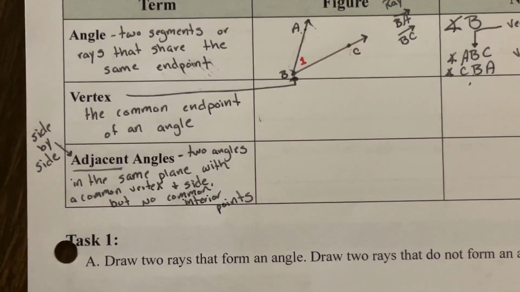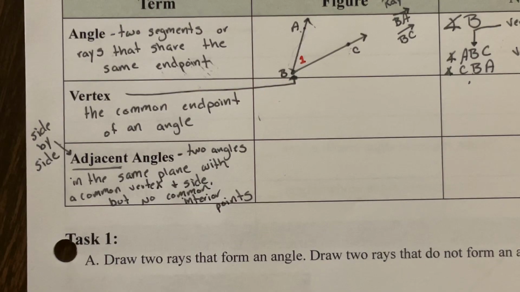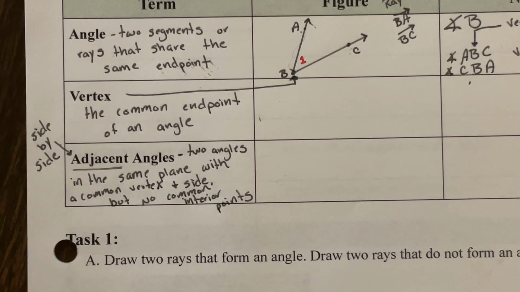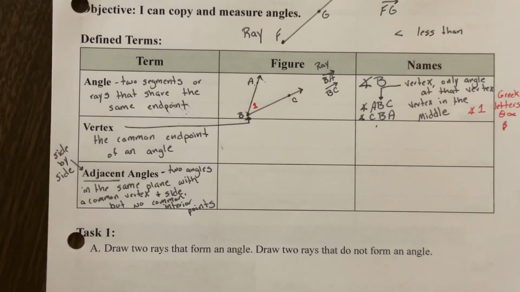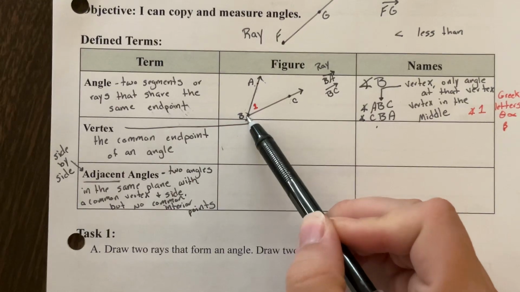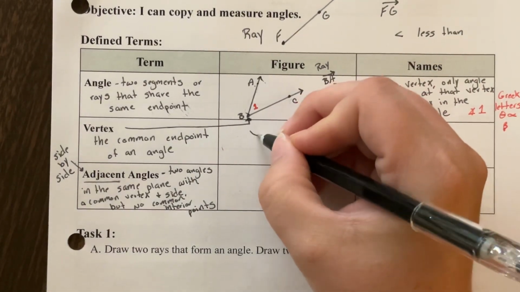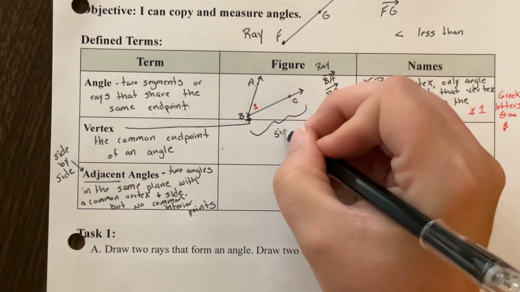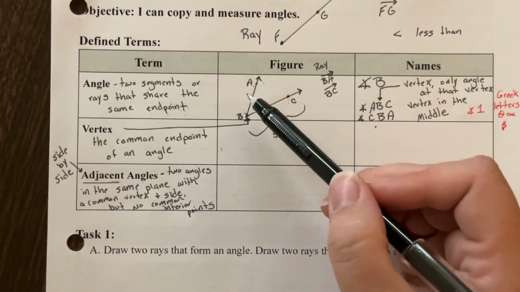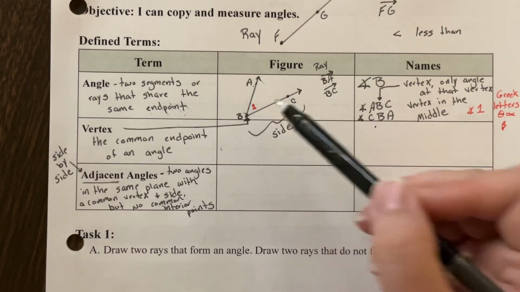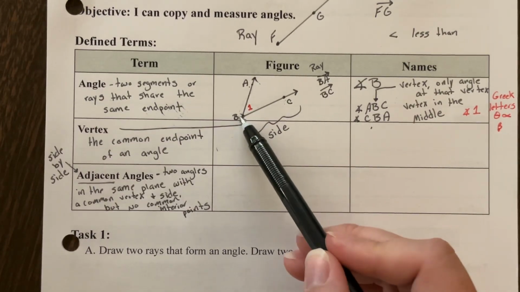It's two angles in the same plane with a common vertex and side, but no common interior points. First of all, we didn't really specify a side of an angle. This is a vertex. This whole thing is what we refer to as the side. Angles have two sides. It's those two rays. So side, side, angle is that in the middle. And there's the vertex.